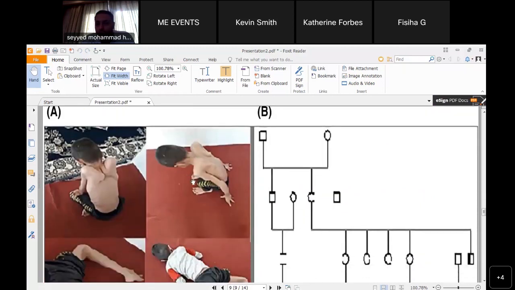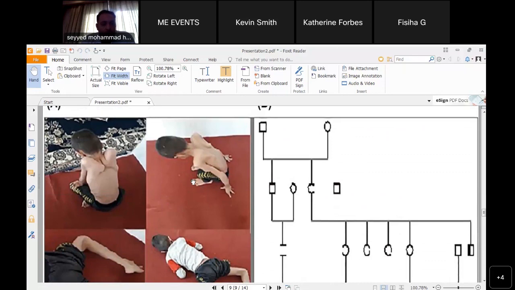You can see in these slides, picture A is our case that we studied. As you see in this picture, this child has a deformity of the chest and problems in walking.